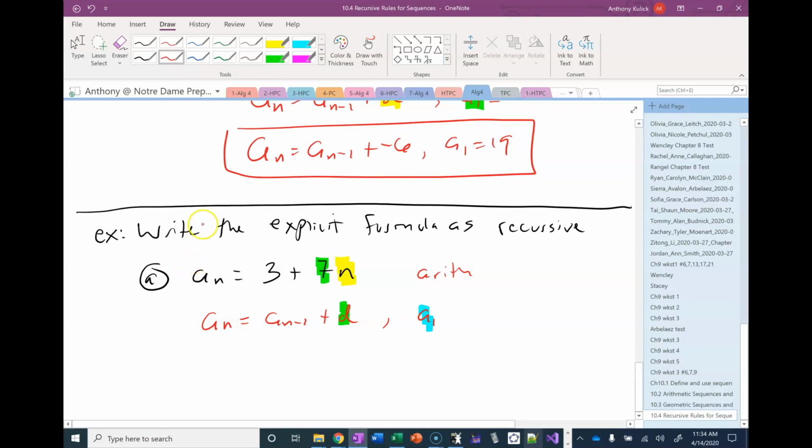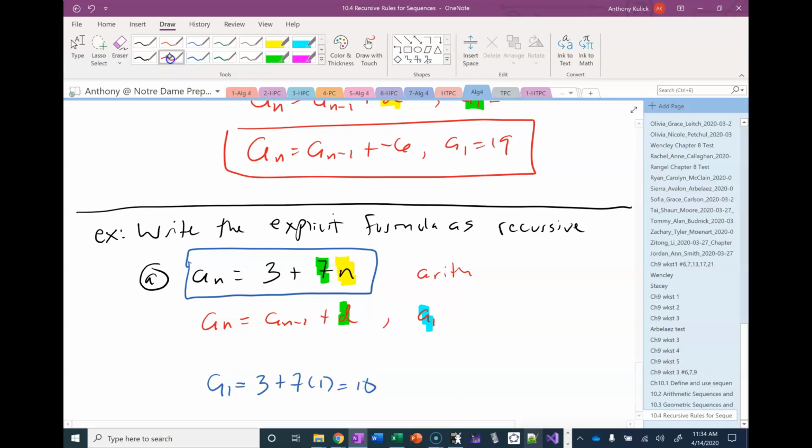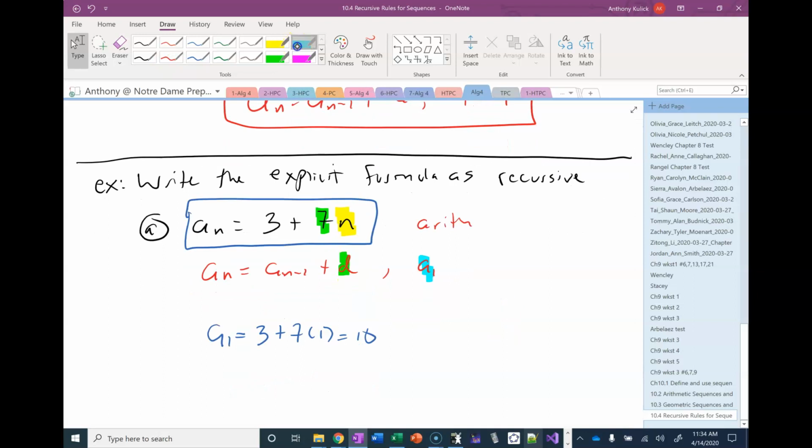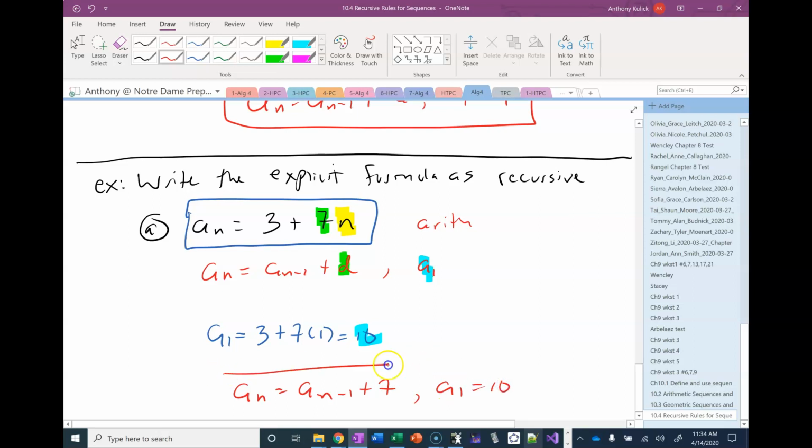All I'm going to do is take my explicit formula and plug 1 in for n. And there we go. Now I have everything I need. So I have a sub n equals the previous term plus 7, where the first term is 10. That's pretty easy.